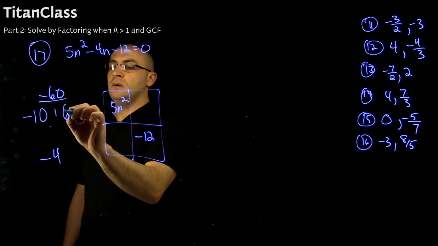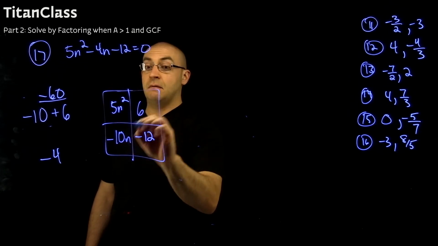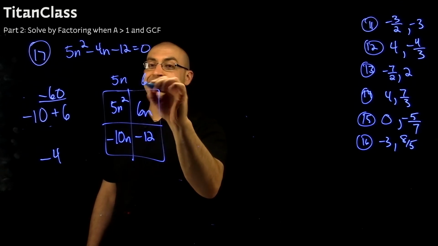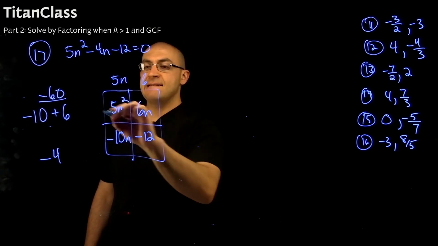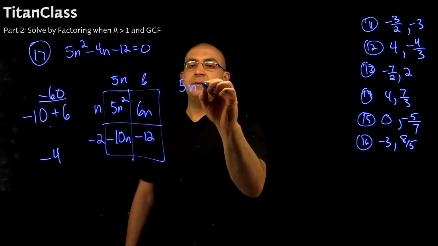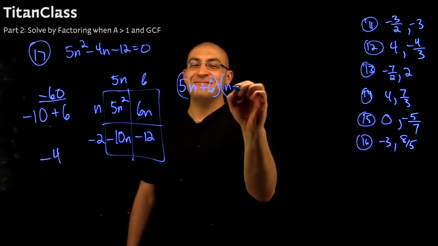Negative 10 and positive 6. So negative 10n, 6n, 5n on top, 6n, negative 2. So 5n plus 6, n minus 2, getting ahead.